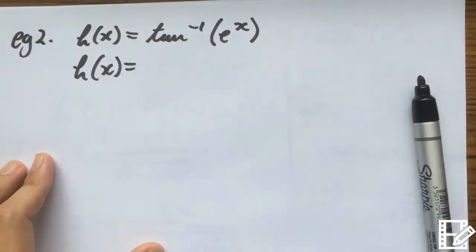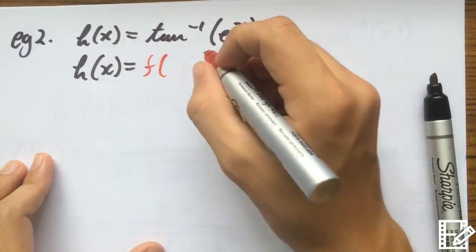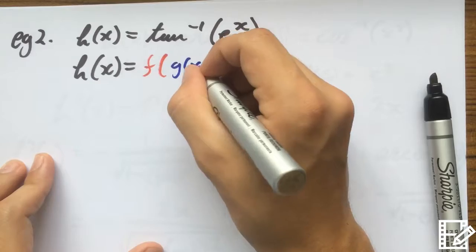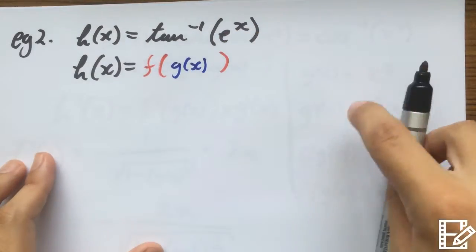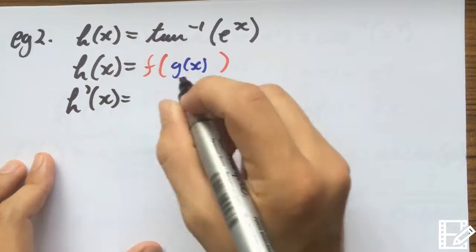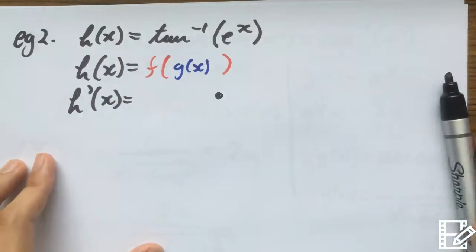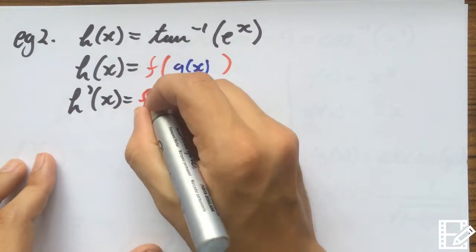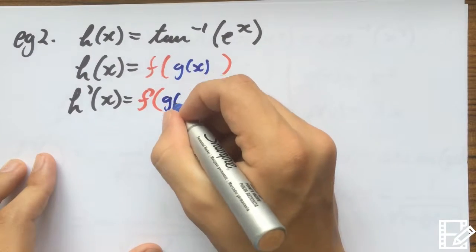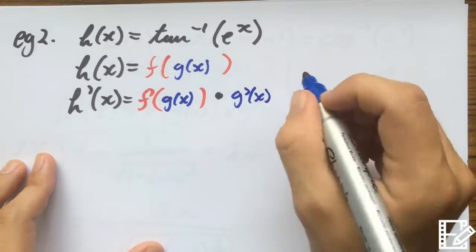We know that we're going to need the outside function and the inside function, because the derivative of h(x) is the derivative of the outside function, while the inside function stays the same, multiplied by the derivative of the inside function.